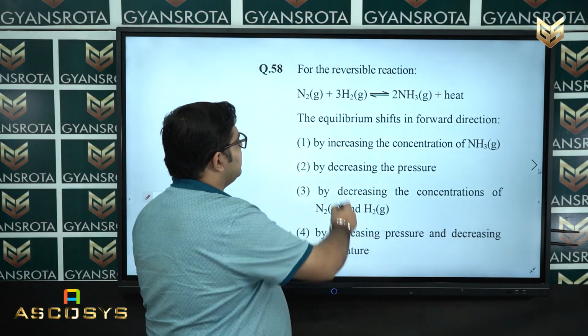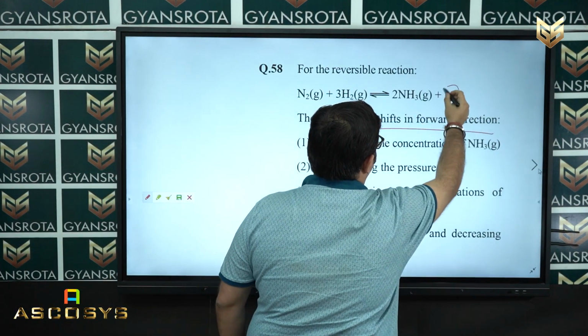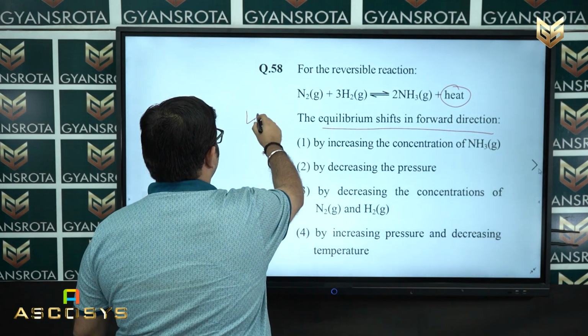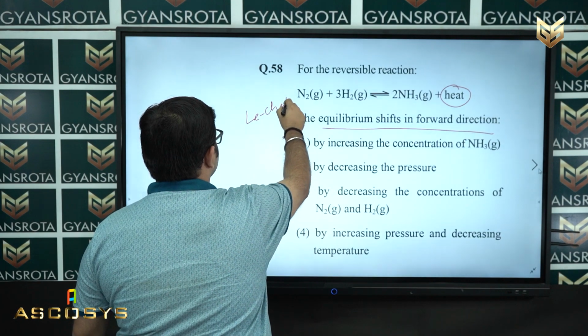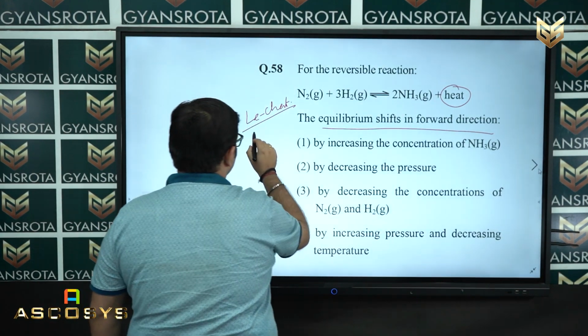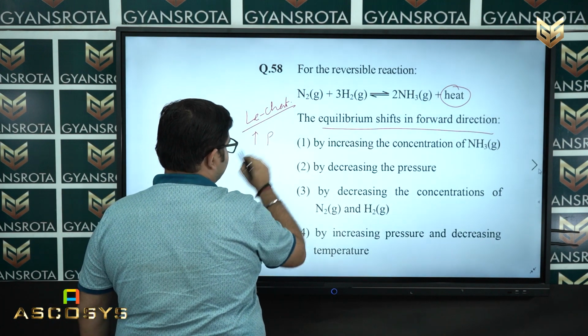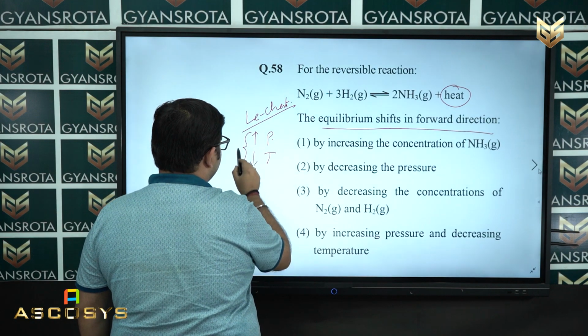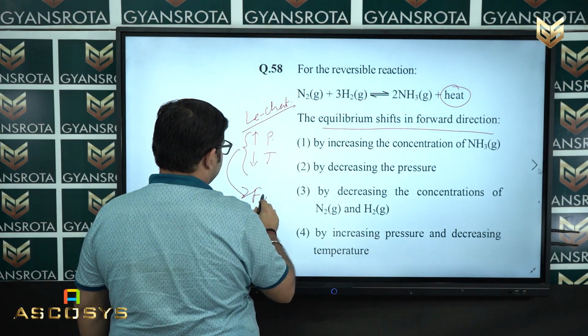Here the equilibrium shifts in the forward direction and they gave us that heat is released. So this is the application of Le Chatelier's principle. For Le Chatelier's principle, increasing the pressure and decreasing the temperature will favor the forward direction.